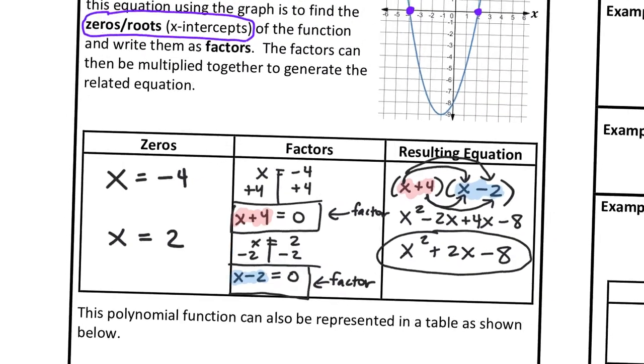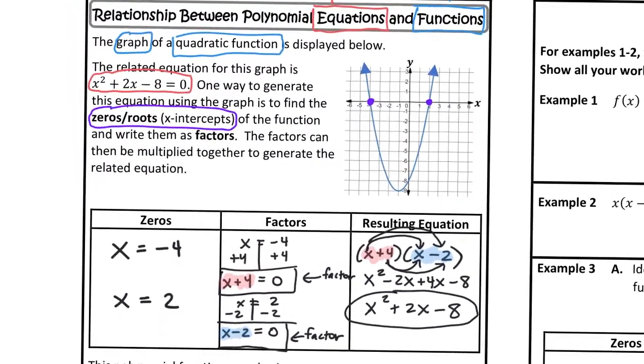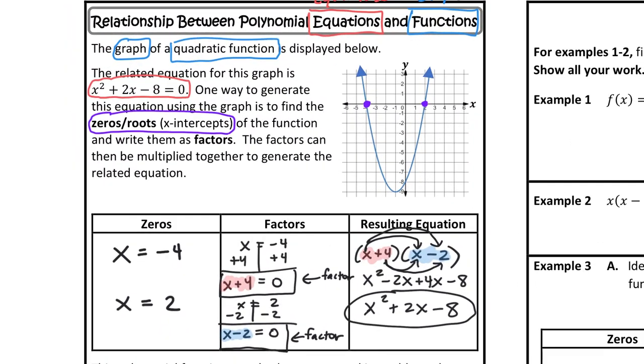But if I zoom out, doesn't this resulting equation look familiar? Isn't it this one right here? It is. It's x squared plus 2x minus 8. So we're getting the equation from the x-intercepts.